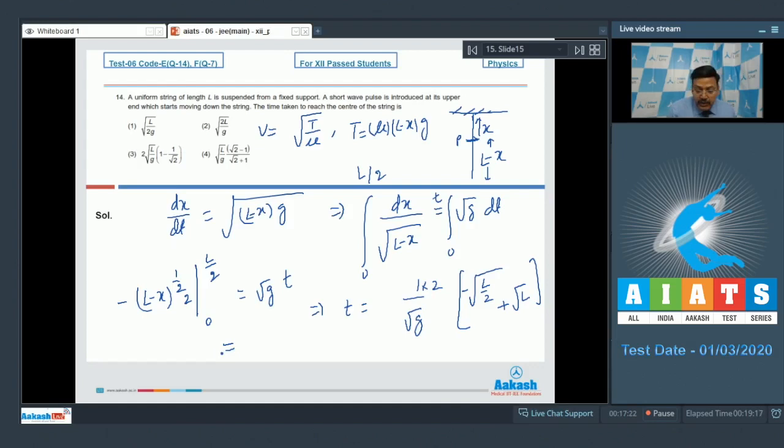This will then be equal to 2 root L by g into 1 minus 1 by root 2. On simplification and rearranging, that's the value of t we are getting. And that means among the options, option 3 is correct. It is matching with what we have got. Time now to go to the next question.